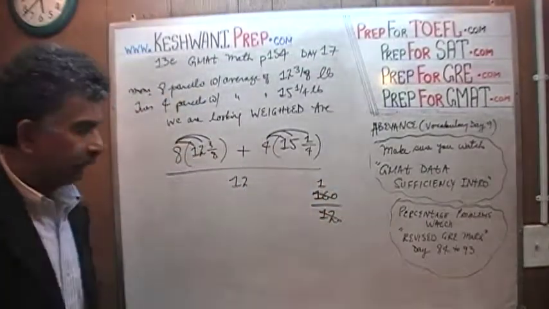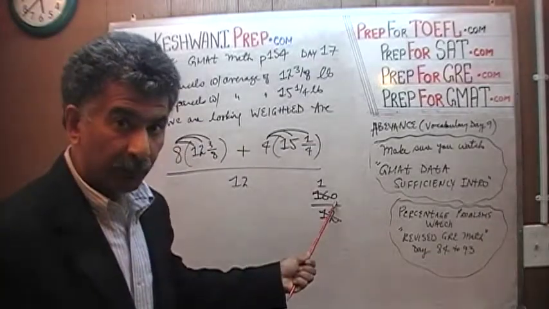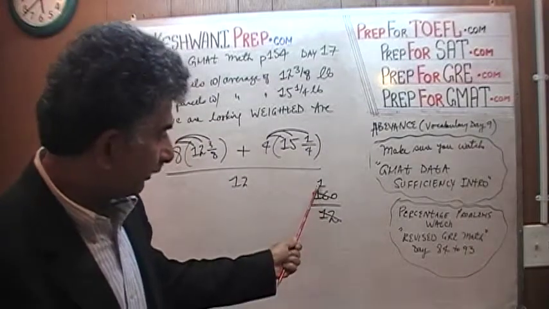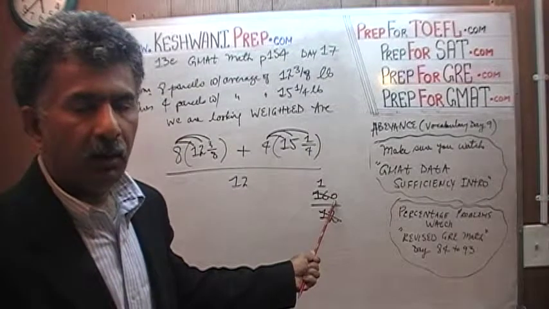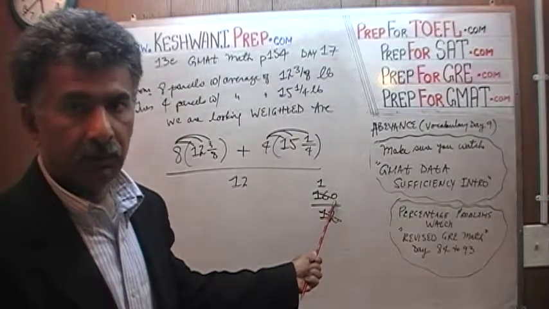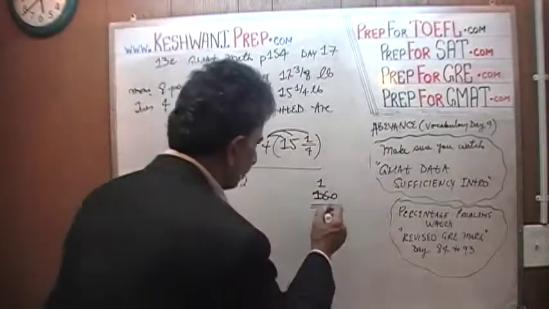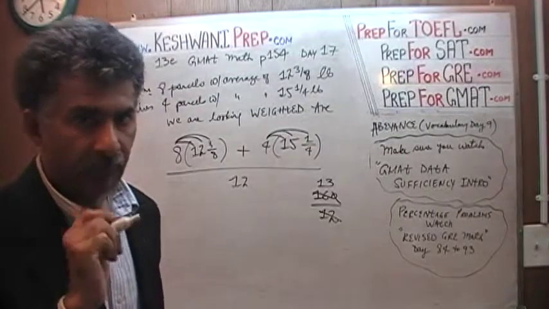Remaining 4 goes and joins this guy. It becomes 40. 16 has 1 12, so we cross out the 16 and put a 1 there. How many 12s in a 40? 3 12s are 36. We know that. So you cross out the 40 and put down 3 there. So that takes care of 36. We have a remainder of 4.